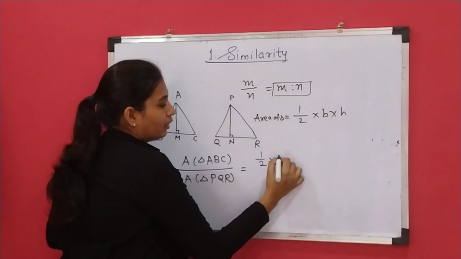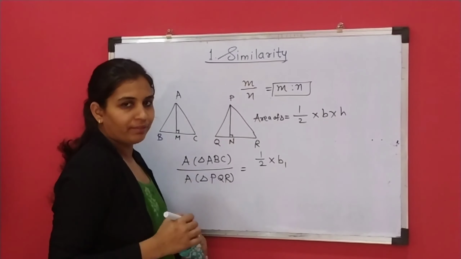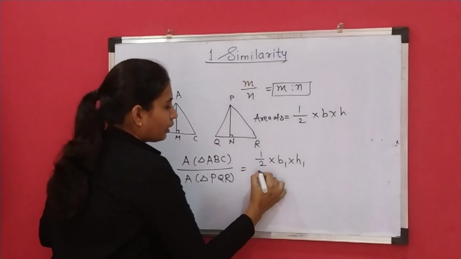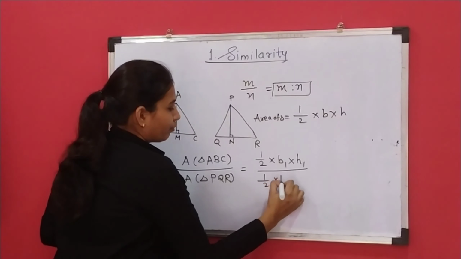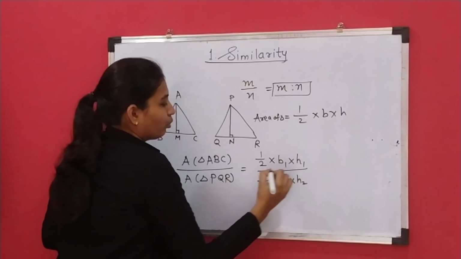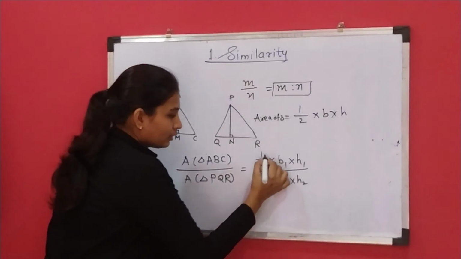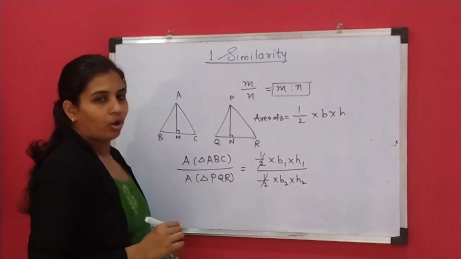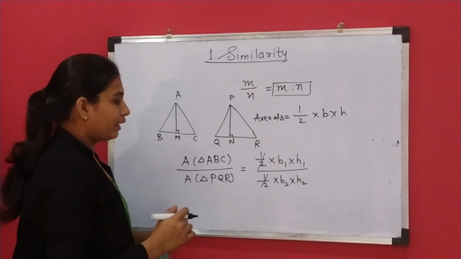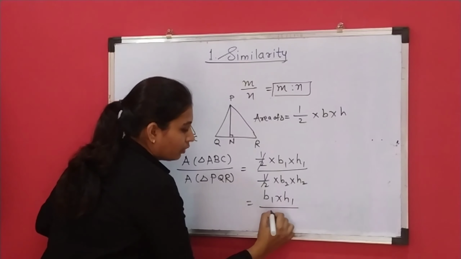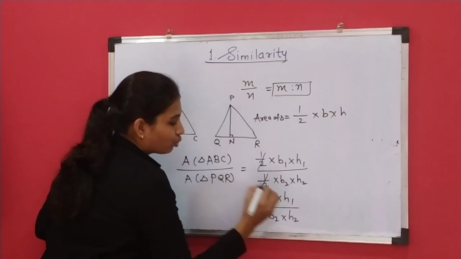Take the base as B1 and height as H1. Similarly, for the second triangle PQR, B2 into H2. Now here, friends, 1/2 is common, so it will get cancelled. What remains? B1 into H1 upon B2 into H2.